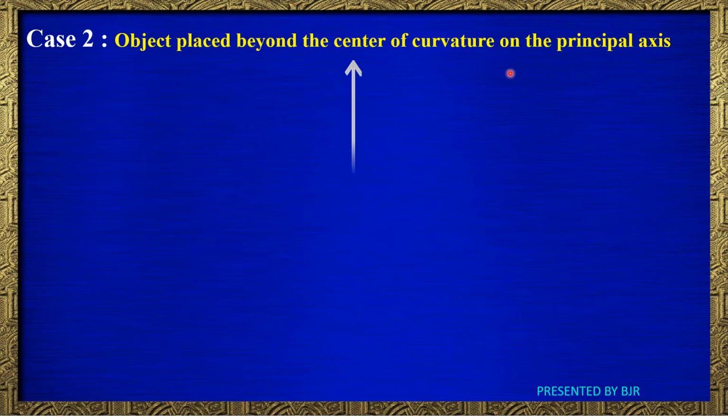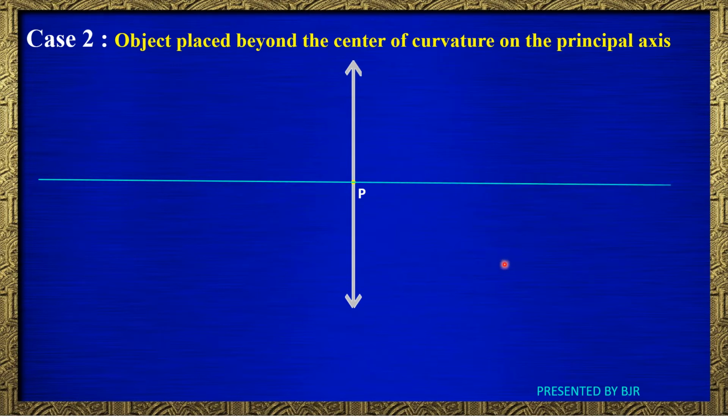See here, this one is the convex lens, P is its optic center, and this is the principal axis, and C1, C2 are the centers of curvature, and F1, F2 are the focal points. Let us place a candle beyond C, this side. Here I am going to place a candle. Okay, so this one is the object OB.